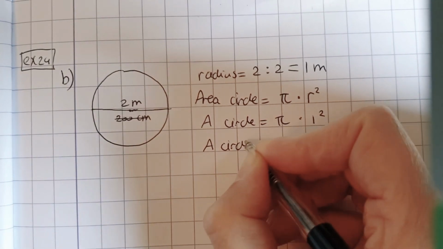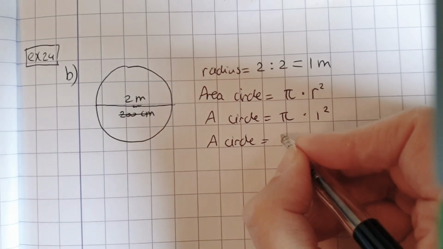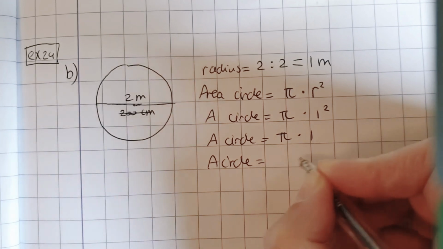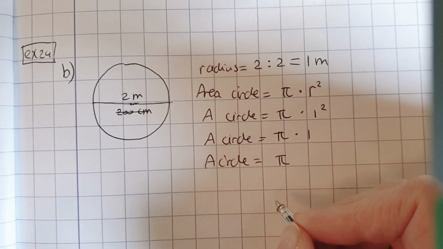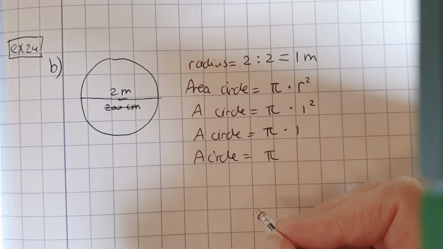This is a little bit of an odd one because we're working with 1. What is 1 squared? It's just 1. So pi times 1. And what is pi times 1? It's just pi. Now, what is pi? It's 3.141592, and so on and so on. You can also look it up in your calculator.